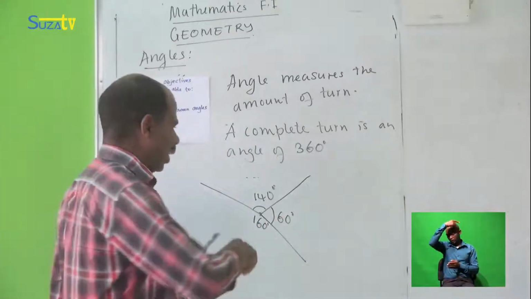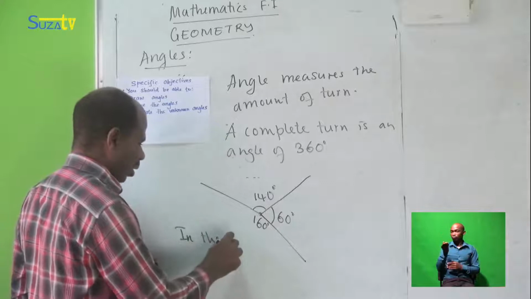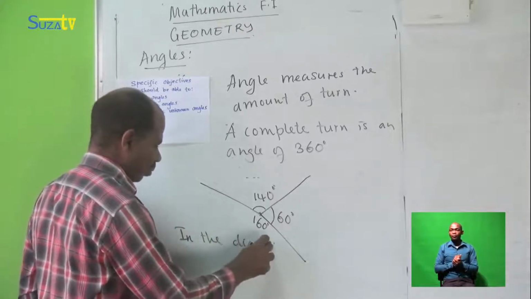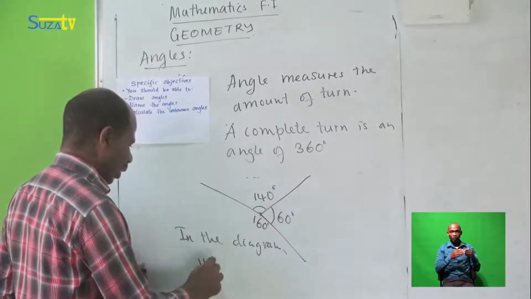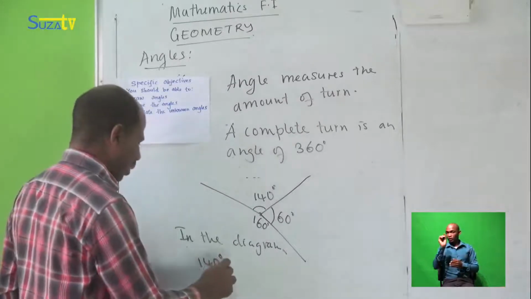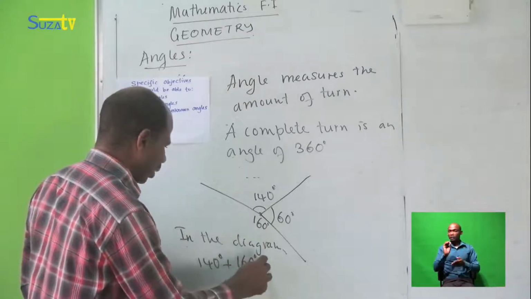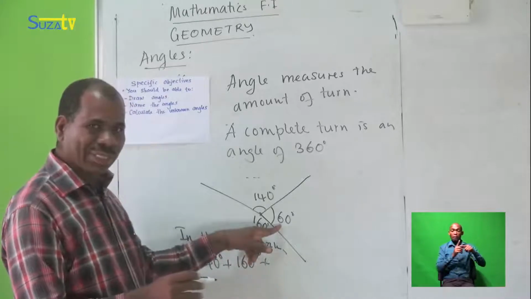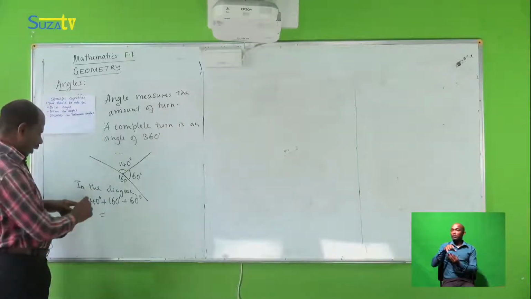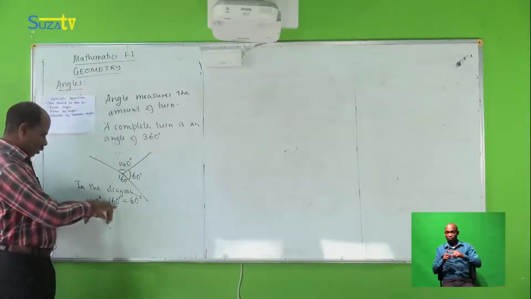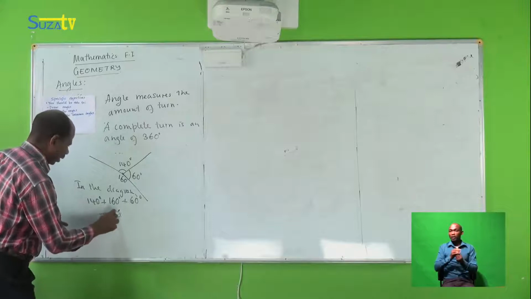So in this diagram, let us add the angles. By adding all the angles, 140 degrees plus this one, 160 degrees, plus this one, 60 degrees, is equal to, we can add 140 plus 160, which is 300, plus 60 is 360. 360 degrees.